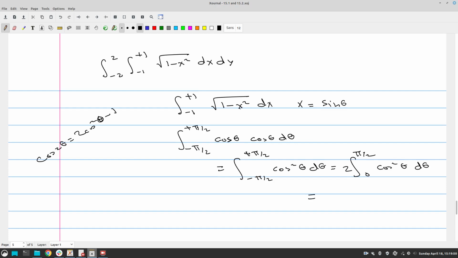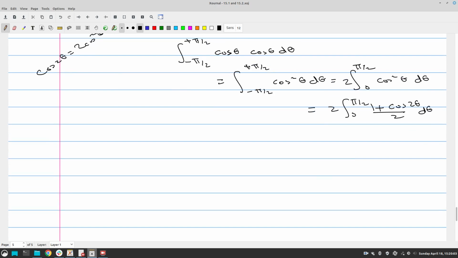So this can be written as 2 times the integral from 0 to pi/2 of (1 plus cosine 2 theta) divided by 2 d theta, and this is equal to theta plus half sine 2 theta, from 0 to pi/2.